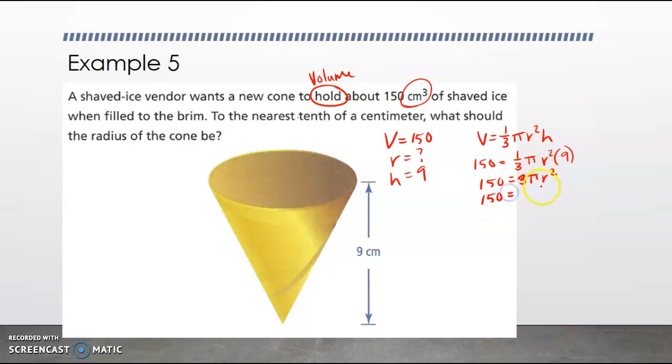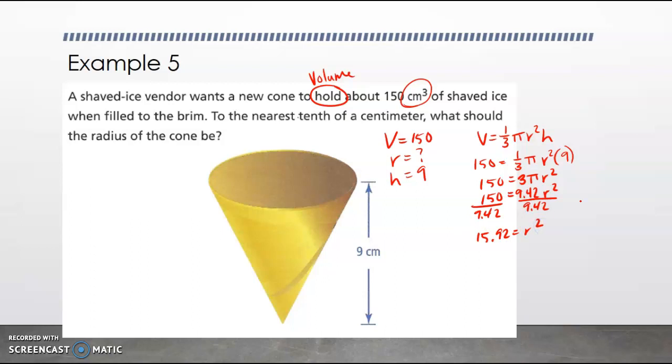So 150 equals 9.42 r squared. From here now we start solving the equation. Before then we were just simplifying, kind of combining like terms. To get r squared by itself, we're going to divide both sides by 9.42. 150 divided by 9.42 is 15.92, and that gives us r squared.